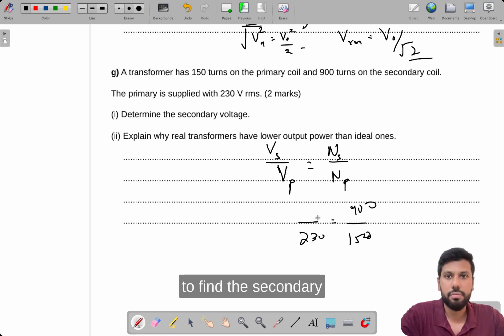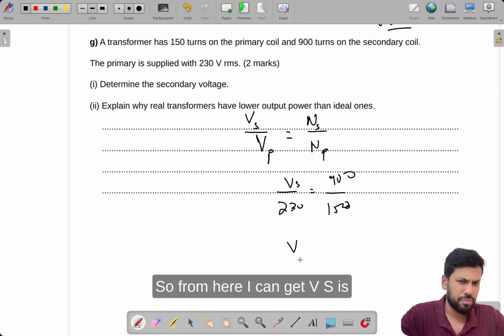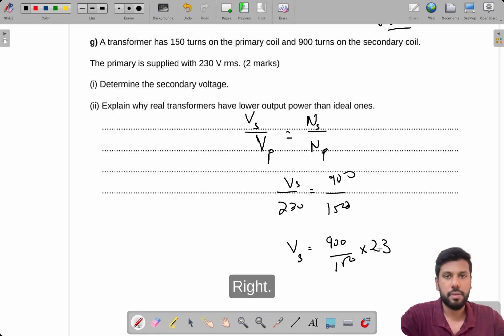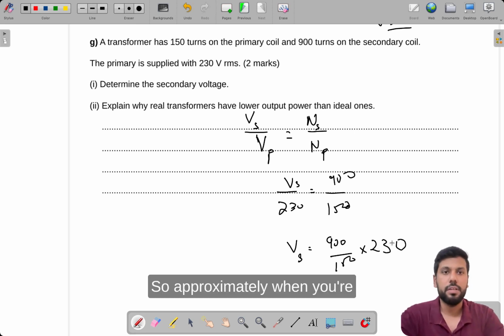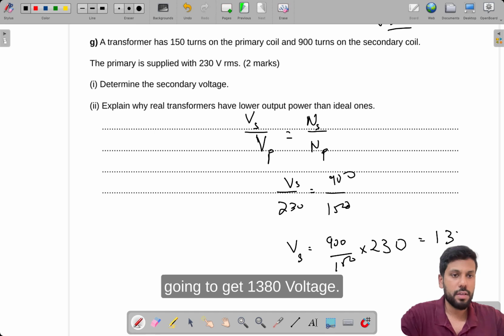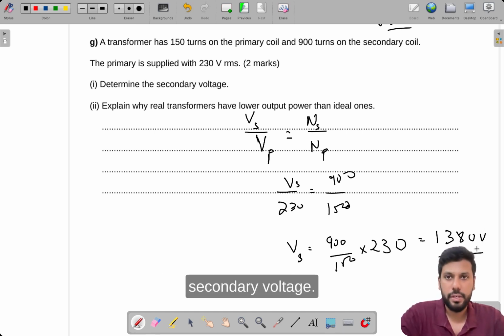They are telling you to find the secondary voltage Vs. So Vs is equal to 900 by 150 into 230. When you do the calculation, you are going to get 1380 volts. This is the secondary voltage.